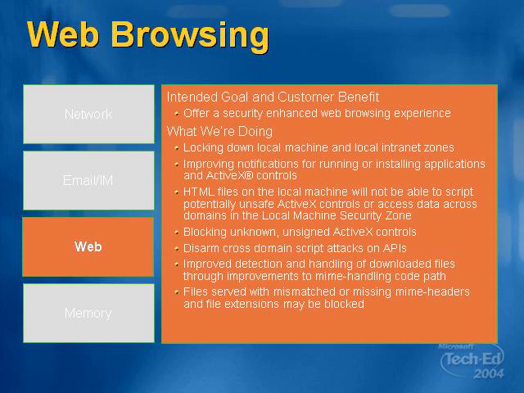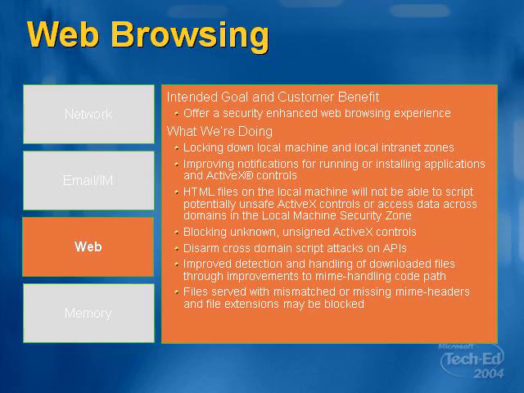Firstly, we're locking down the local machine and intranet zones. We're making them more restrictive. We used to give them very great powers. Now, in the local machine zone, we're not allowing you to run active content or scripts because people have been using that to exploit machines. We're also changing the dialog boxes that you get.